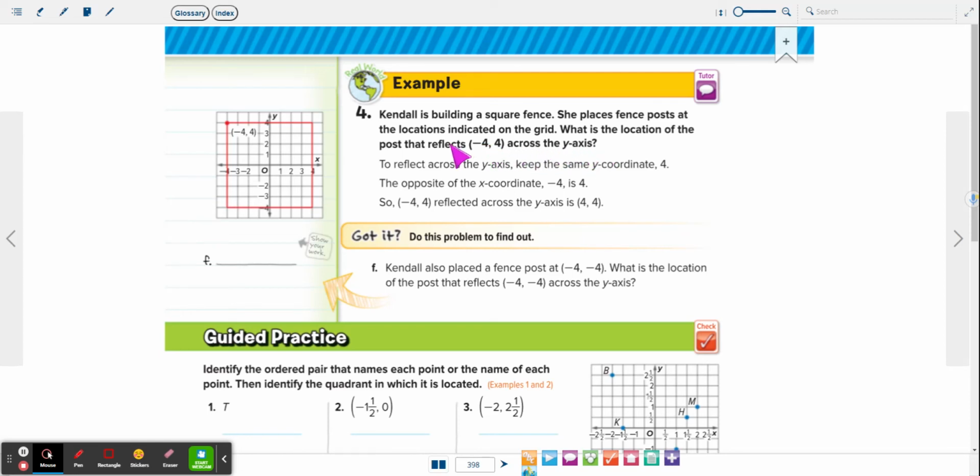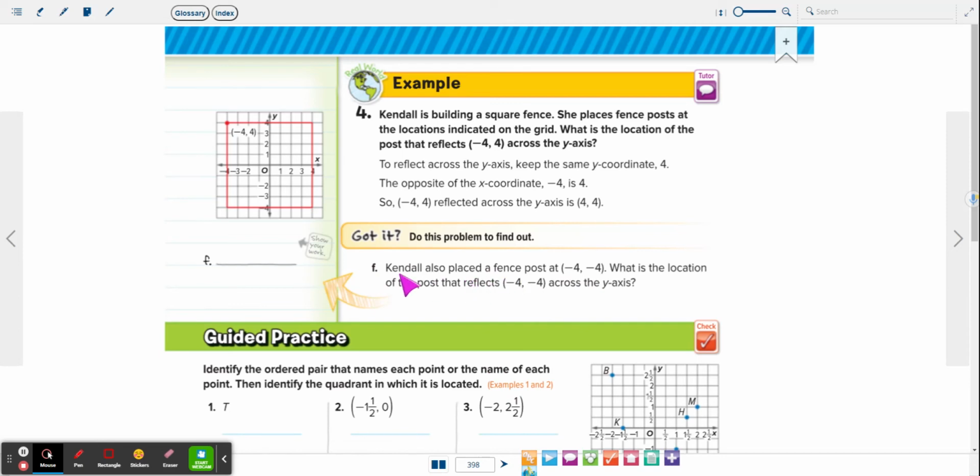So across the y-axis tells me I am going across the y-axis. So right here's that post at -4, 4. We're going to go all the way across to 4, 4. So that post would be right here, okay? So reflected across the y-axis, that's 4, 4.